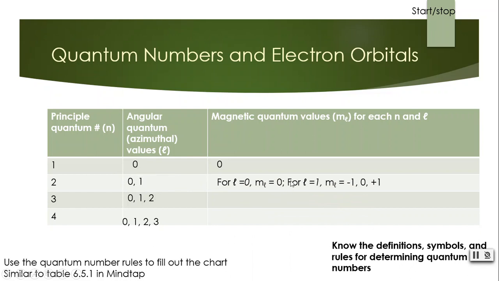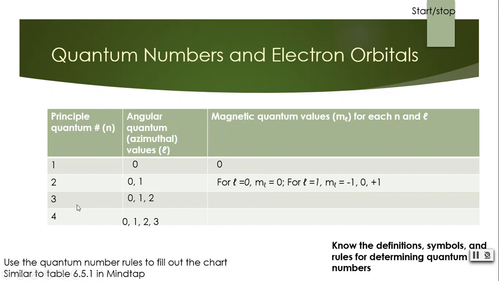When L is 1, my m sub L values are negative 1, 0, and plus 1. Remember that m sub L values are a range from negative L to plus L. So all of those, 0, negative 1, 0, and plus 1, would be the m sub L values for both of those L values.